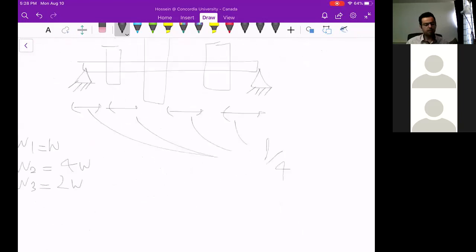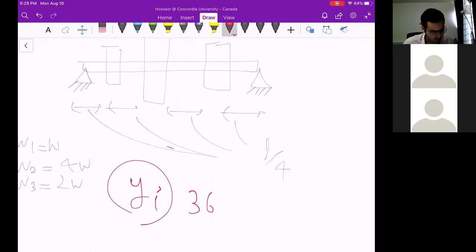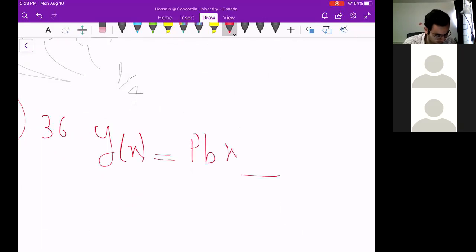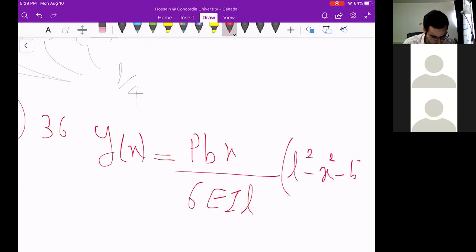In order to obtain the influence coefficient or deflection at each point, as I told you on page 36, there is a table in your book: y at any distance x from the left side is P b x over 6EIL times (L squared minus x squared minus b squared).